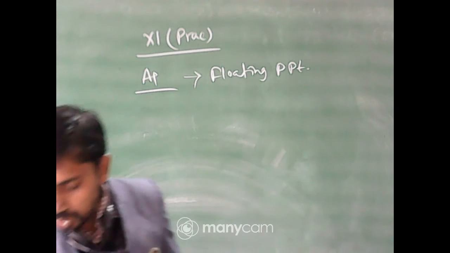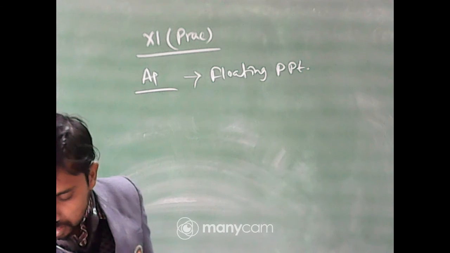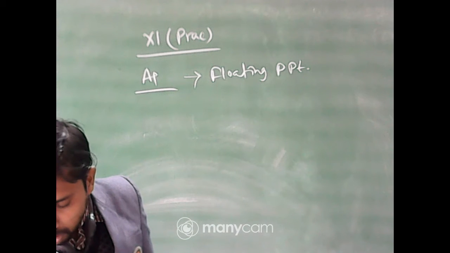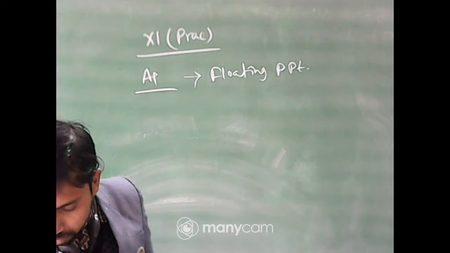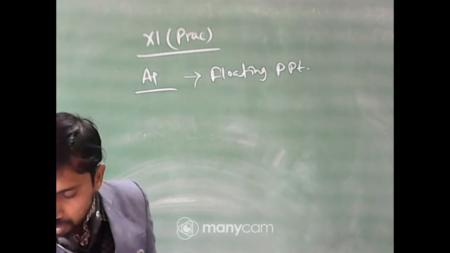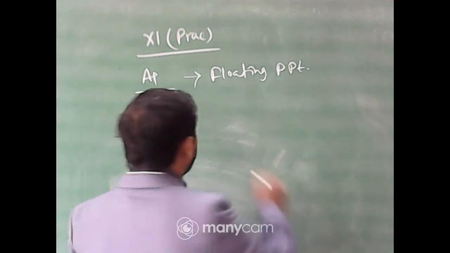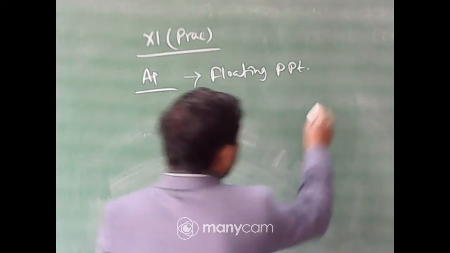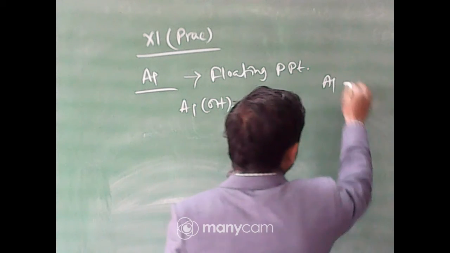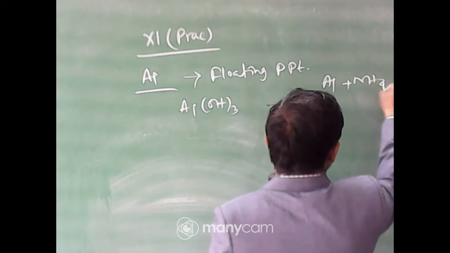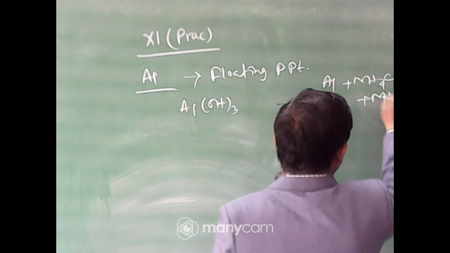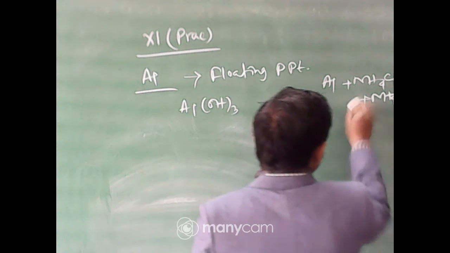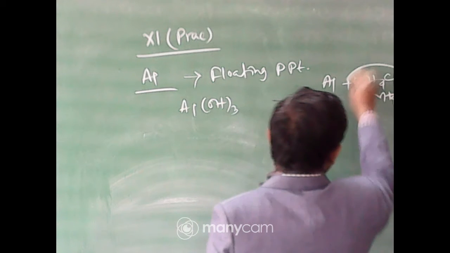Now, first of all just follow the reactions involved in this test. Suppose there is aluminium, the PPT that forms is aluminium hydroxide. How? A solution of aluminium plus NH4Cl plus NH4OH. This is the effect of the common ion effect.